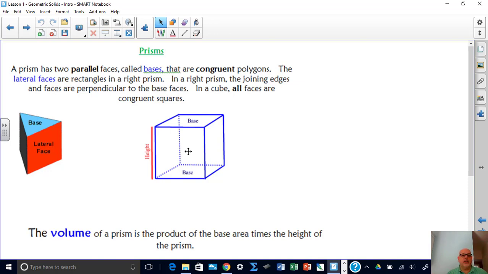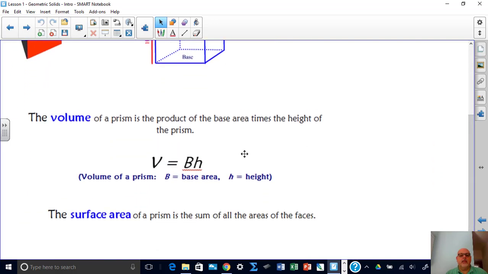The total surface area would be all the faces. The volume of a prism is the area of the base, the capital B, times the height. You'll see that except for the sphere, we start out the formula for the volumes of all the geometric solids as the area of the base.